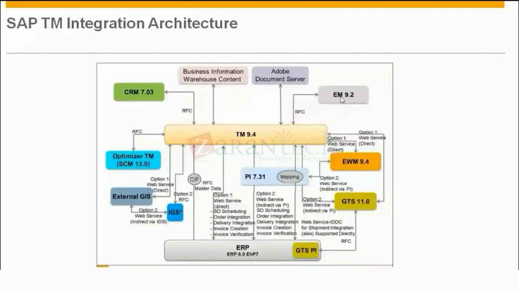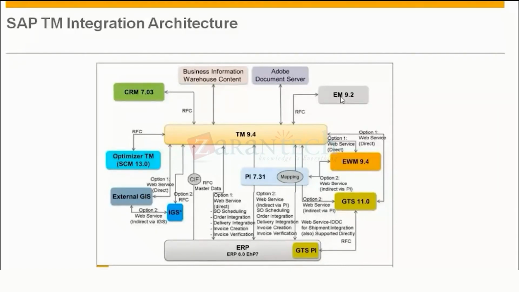Second thing, if you want to know which are the events, for example, you want to know the list of all events for a specific freight order, which have been reported or not reported, you get a very flexible tool within event management to do that. But in transportation management, you don't have any standard tool for that. You have to go into the individual freight order, and within it, look into individual events.